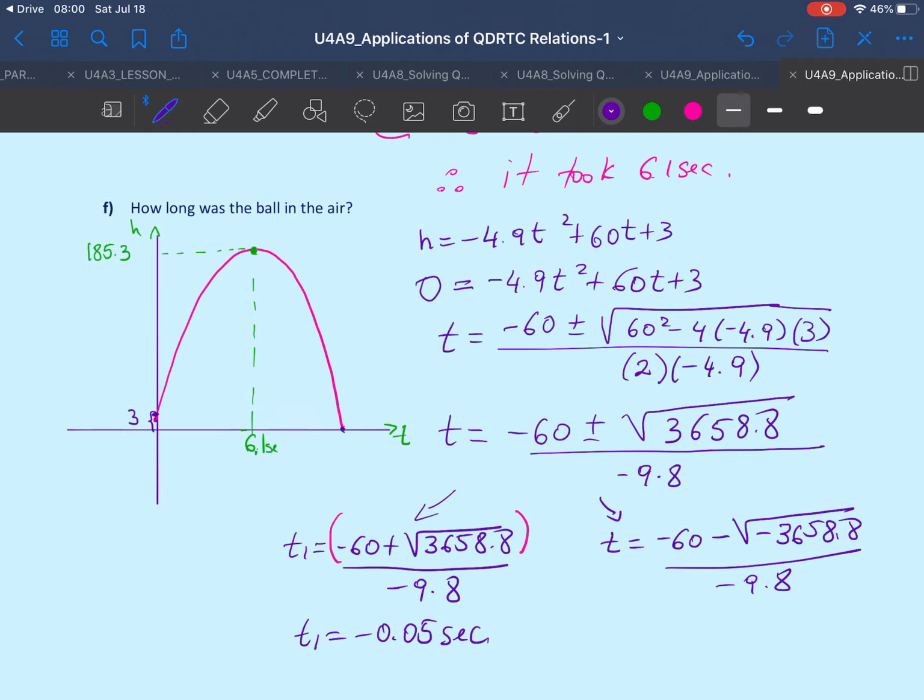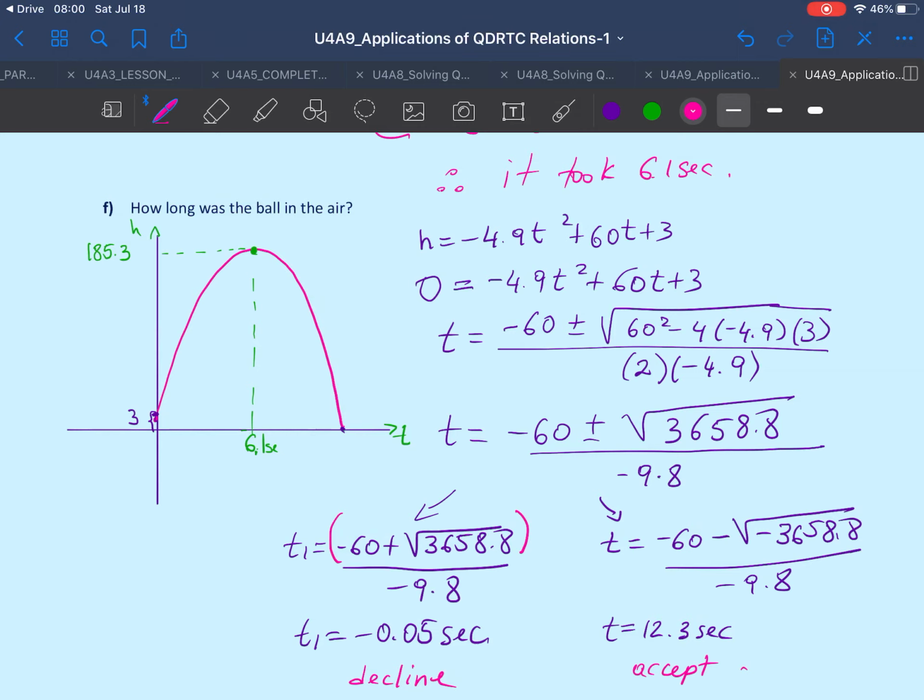And the second one would be negative 60 minus the square root of 3658.8 divided by negative 9.8. That's 12.3 seconds. Now, we all know we cannot accept answers when time is negative. So we are going to decline that answer for sure. And we will accept this one for sure.